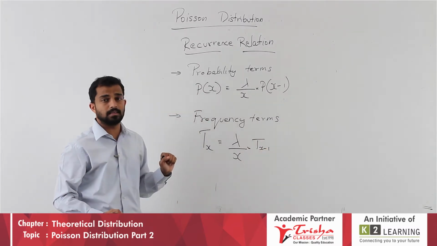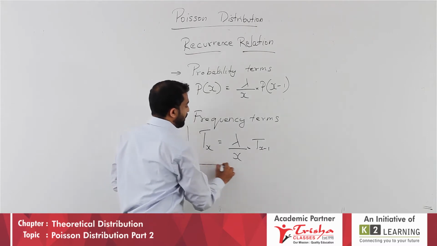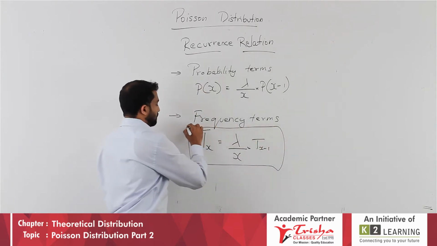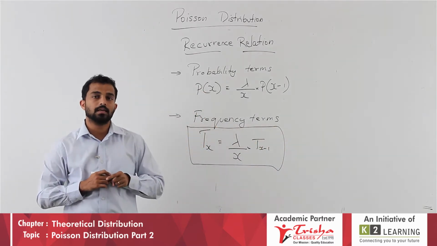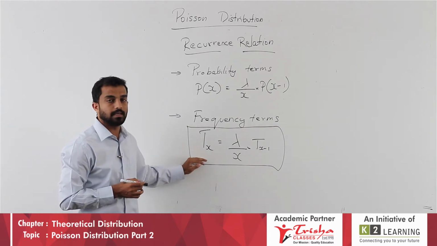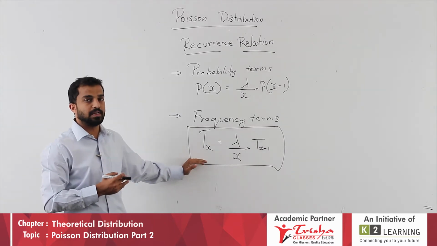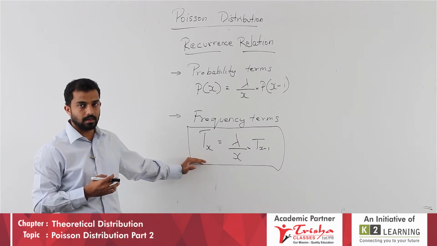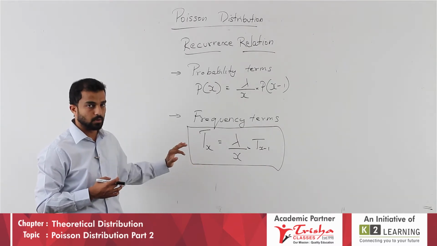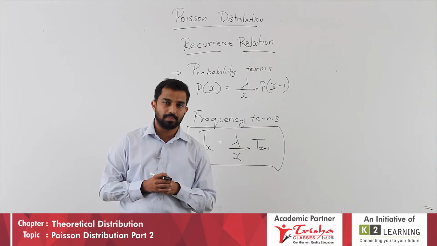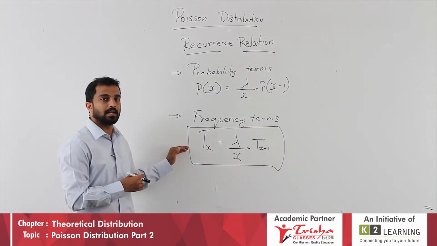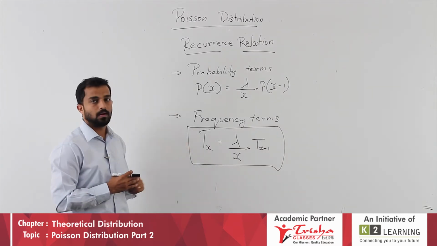And students, understand the frequency terms formula of Poisson distribution is what we will be using when the question comes fit a Poisson distribution for the data. This is the formula which we will be using after finding out the PMF. We will look into a question regarding the same now.